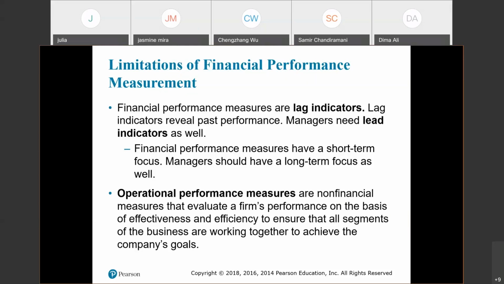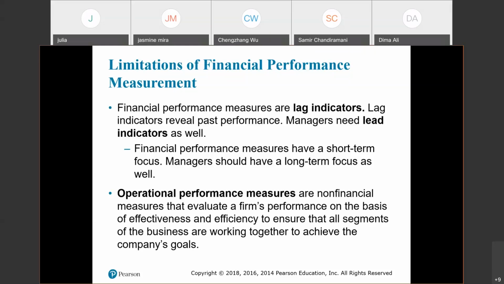For this reason, financial measures tend to be lag indicators rather than lead indicators. Management needs to know the results of past decisions, but managers also need to know how current decisions may affect the future. To adequately assess the company, the managers need both lead indicators and lag indicators.